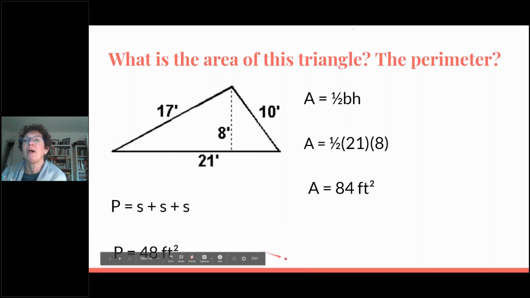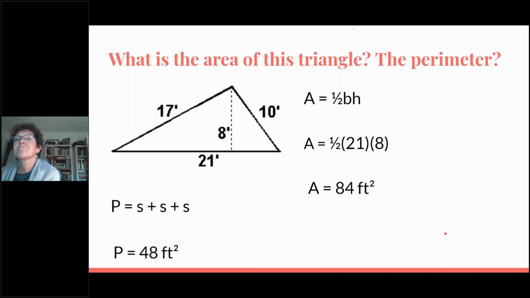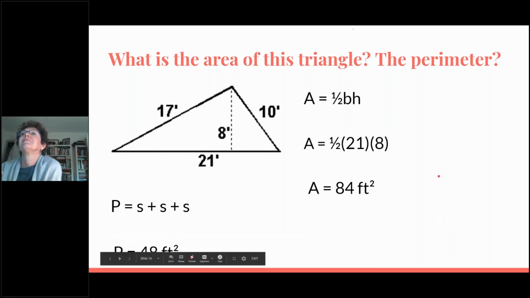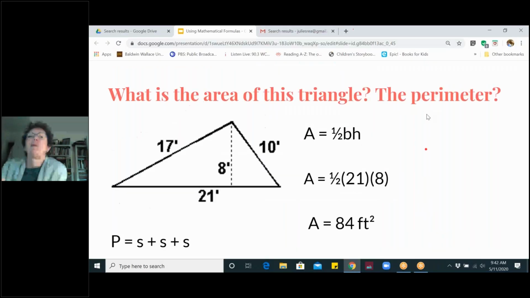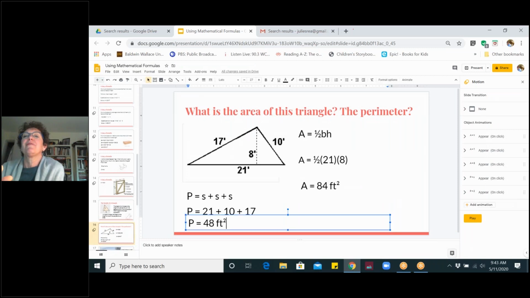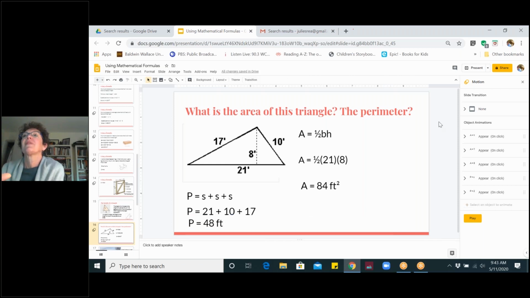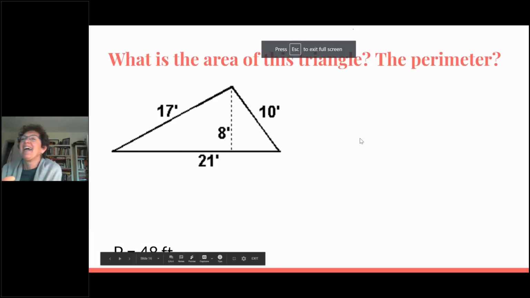What mistake did I make when I put my answer in? I have no idea. 48 feet squared. Is perimeter a squared measurement? No, it is not. It's linear.